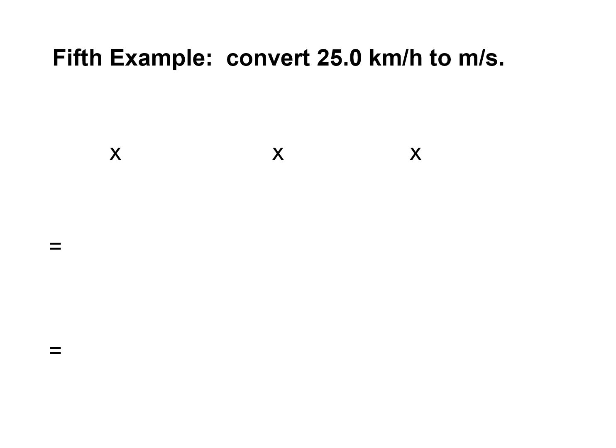I would multiply 25 kilometers by 1,000. Also, I know there are 60 seconds in a minute and 60 minutes in an hour, so I would multiply 1 hour by 3,600.